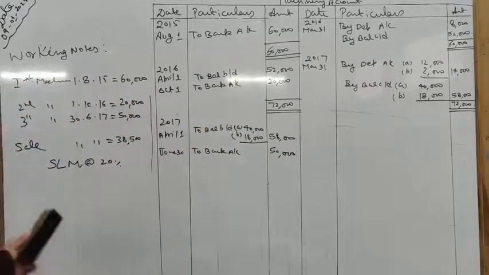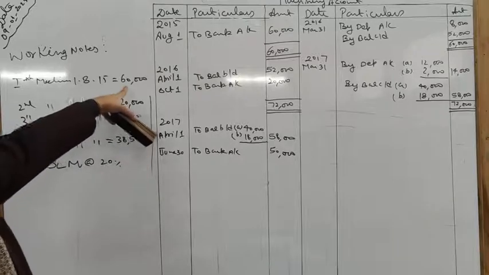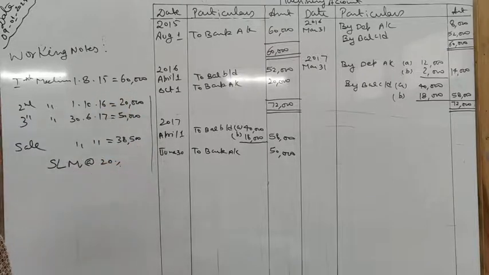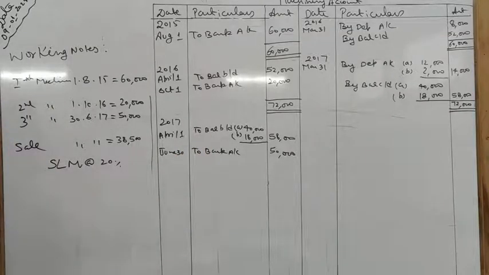Now on June 30 we are selling first machine. The 60,000 A machine is being sold for 38,500. So we calculate depreciation for 3 months. We have to calculate depreciation on the first machine for 3 months. See how it has been done. Again make working notes. Value of the machine as on 30th June was 40,000.